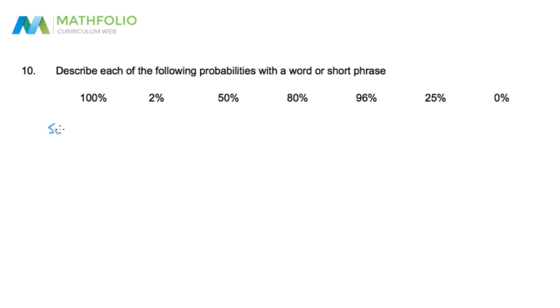So 100% could be mentioned in language as a sure thing, as something being certain or a certainty. We could also think of it as something that's definitely going to happen.